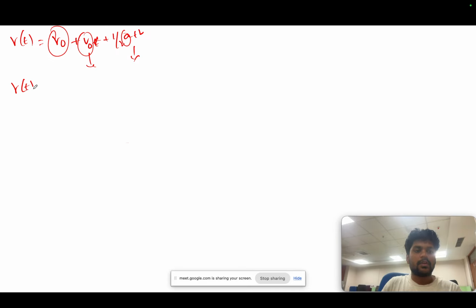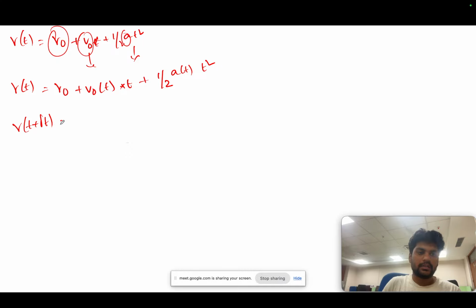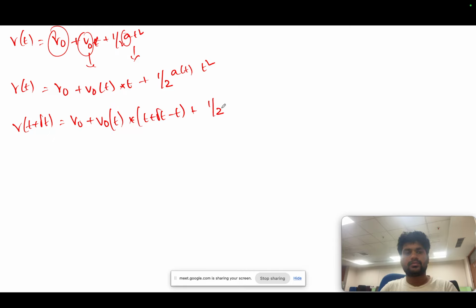So now if I'm writing it, we can write it as a function of T plus delta T. It means I'm getting the new position from the old position. So this will be V of T into delta T plus half of A of T into delta T square.